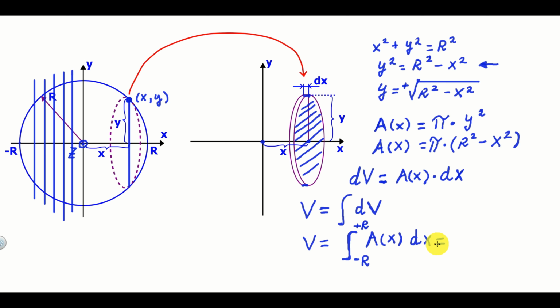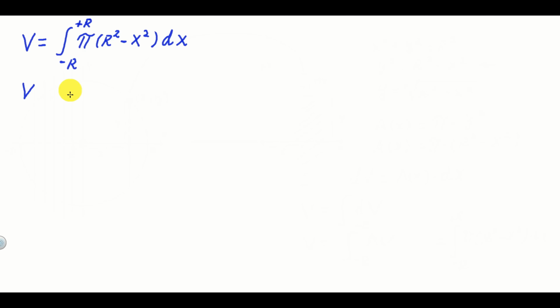And consequently, if we substitute the expression for A of x, this integral becomes an integral from minus r to plus r of pi multiplying r squared minus x squared multiplying dx, and that's it. Let us compute this volume integral.